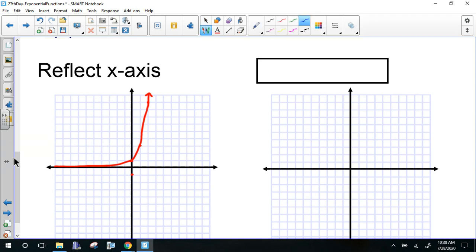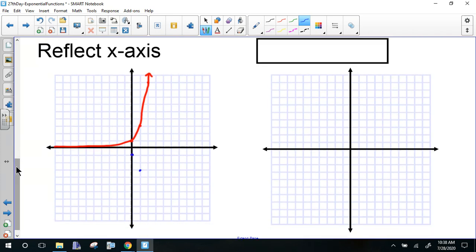A different color here. This point's going to be 3 below the x. And the (2, 9) is going to be down here at (2, negative 9). And that's what the negative out front would do to it, flipping it over the x.